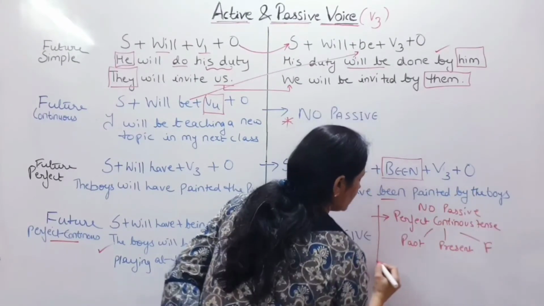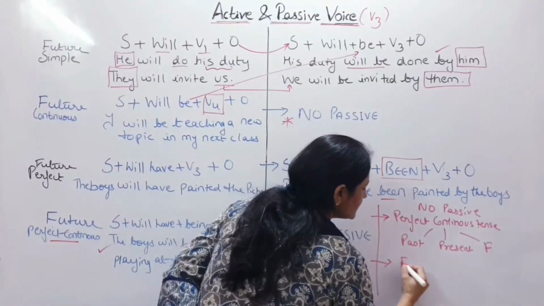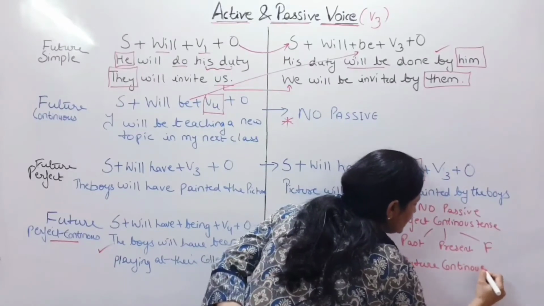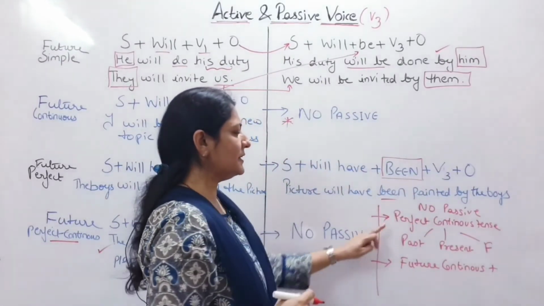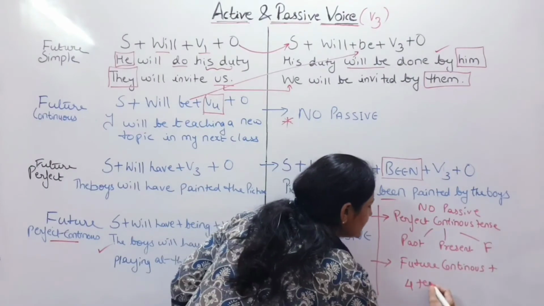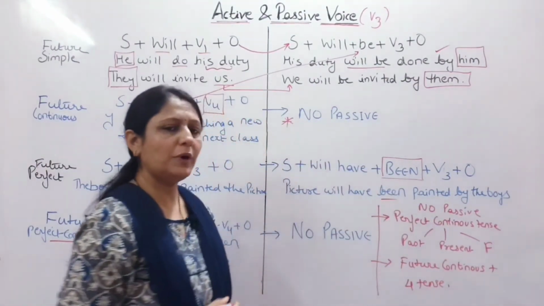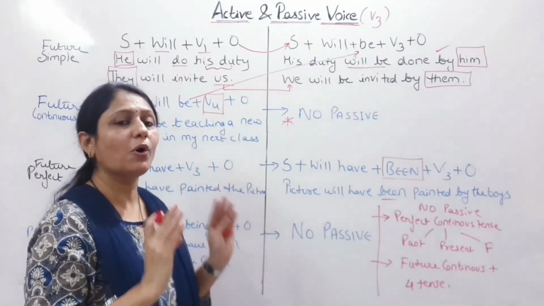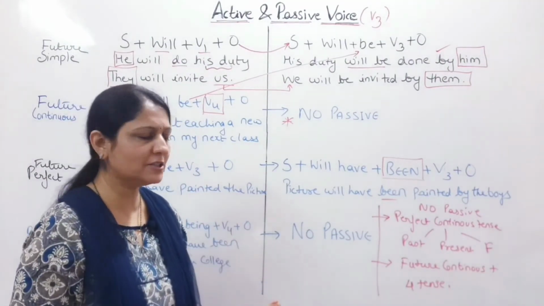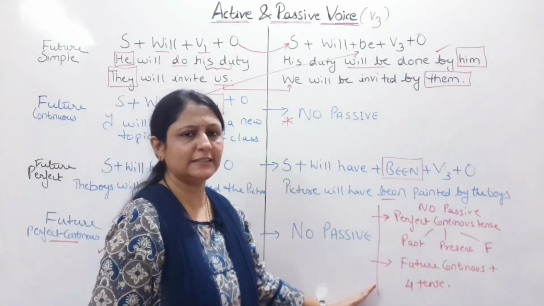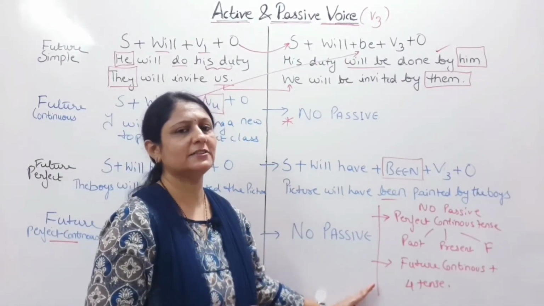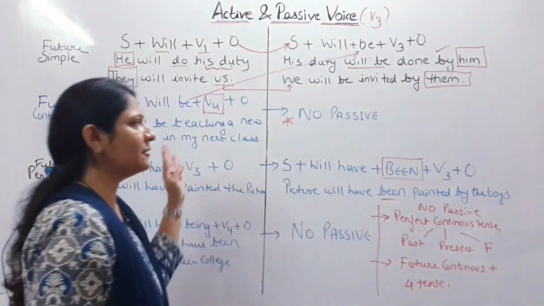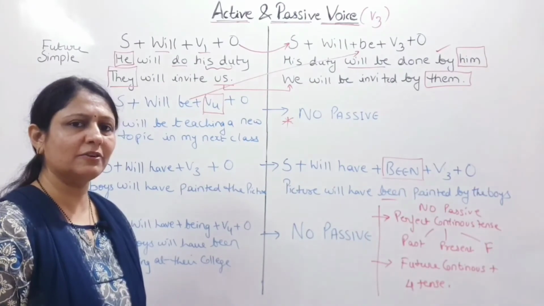So these three plus future continuous tense. These are the four tenses which remain the same in the passive voice also. Or we can say there is no passive voice for these four tenses. They remain as they are. We cannot convert them. All the other tenses can be converted as per the formula given by me.